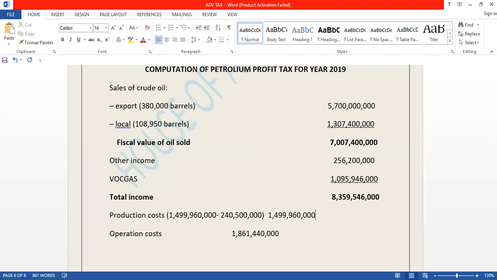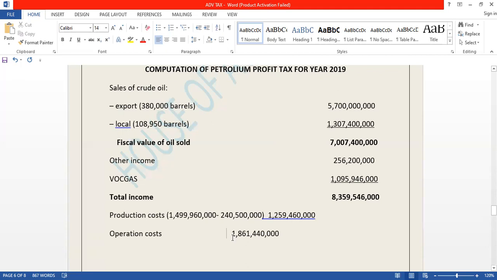Okay, so what do we have from this now? 1259,460,000. So we add 60,000 to that. Okay, fine. Now for operating cost, do we have any adjustment to that?